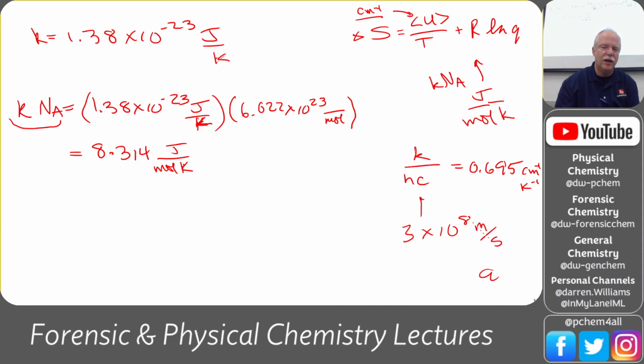Meters per second, right? If you use that, you'll end up with inverse meters, not inverse centimeters. So swap that out to 10: it's 3 times 10 to the 10th centimeters per second, and then you'll get the wave numbers that you need.